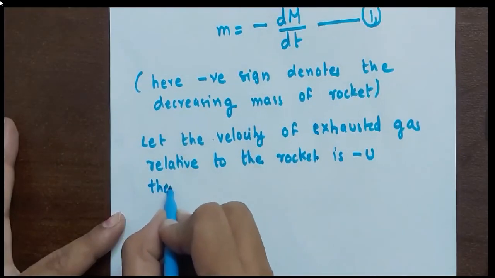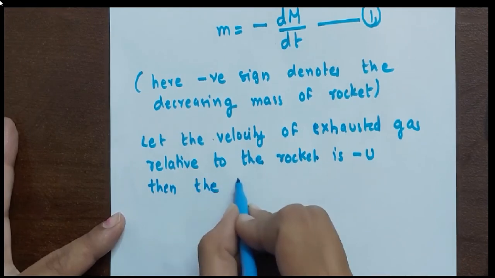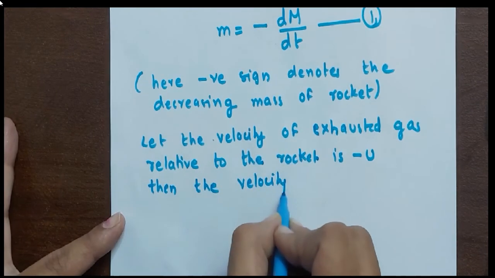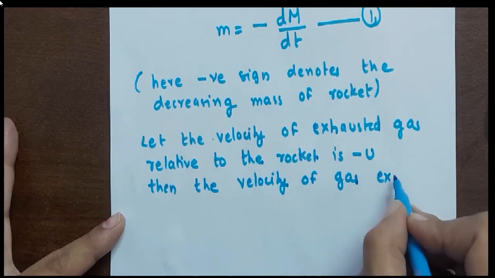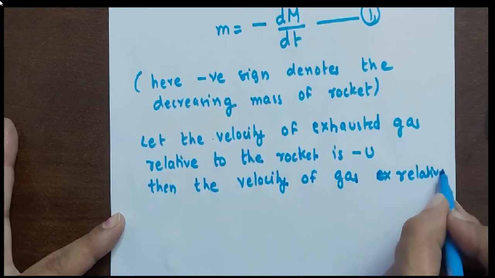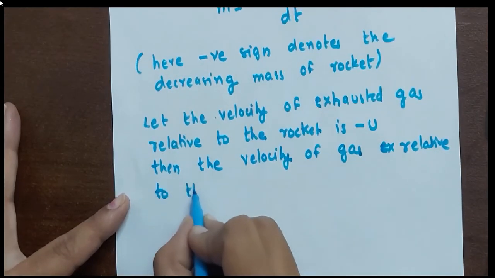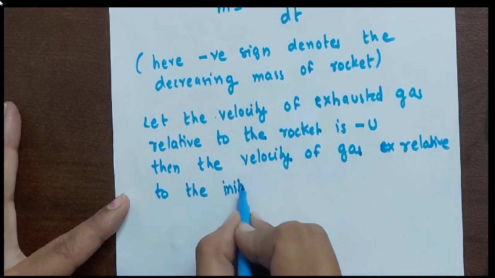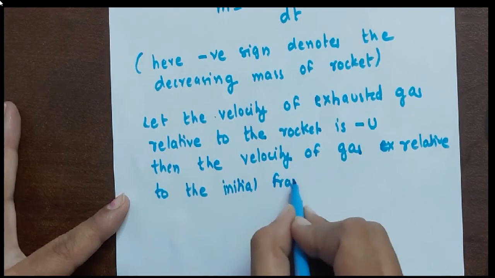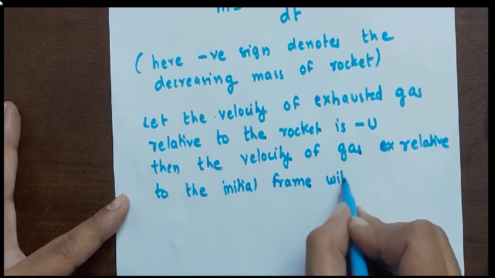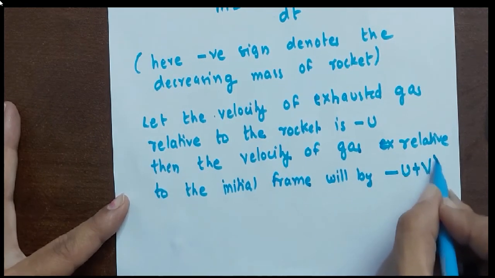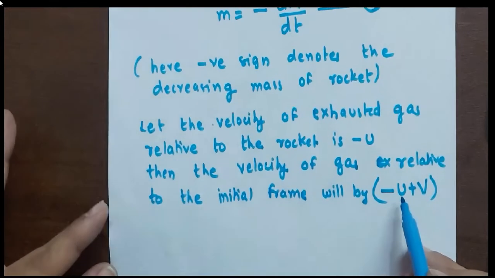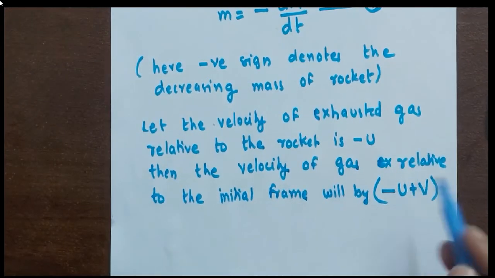Then the velocity of the gas relative to the inertial frame will be minus u plus v, because it is going in the downward direction.